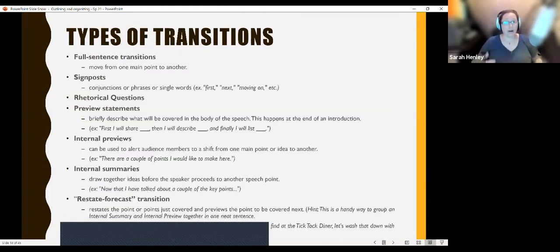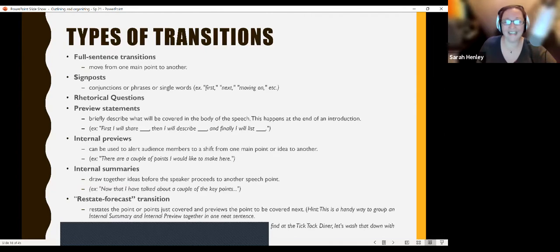Okay, so here are your types of transitions. We can do full sentences, and I'm going to give you some examples as we go, but you can also do signposts. Signpost is a word that refers to these simple single word transitions. Sometimes they might be a phrase, like, however, sorry, that's not two words.